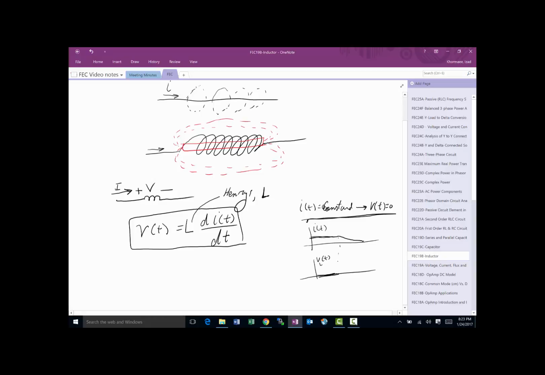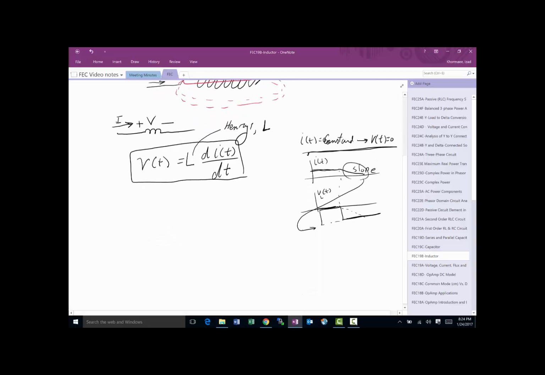The only time it starts to change, and in this case is going down, the voltage will start to be created based on here. Whatever the slope is here, that slope would give the voltage you're going to be generating across the inductor. Okay, so that's as far as that goes.